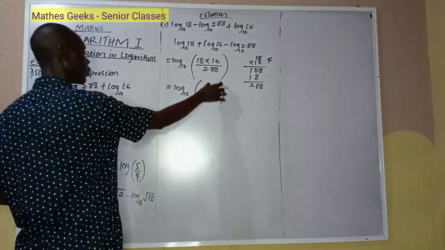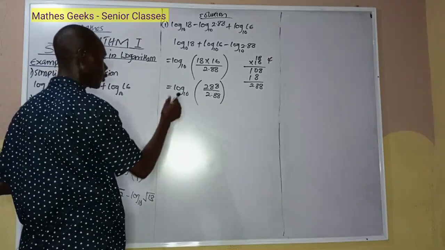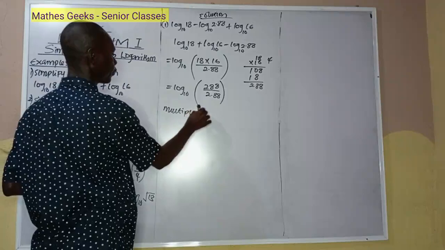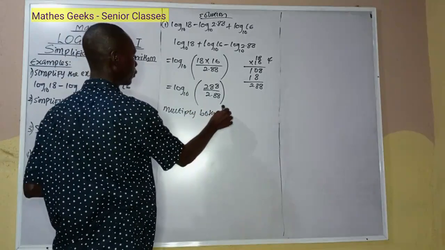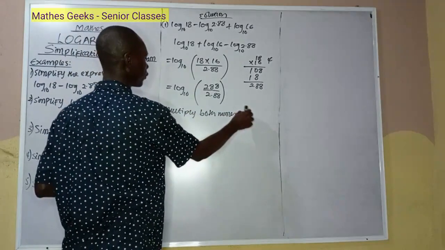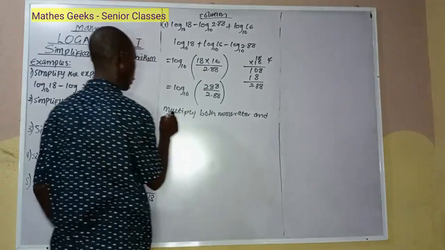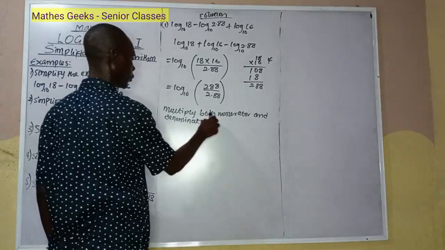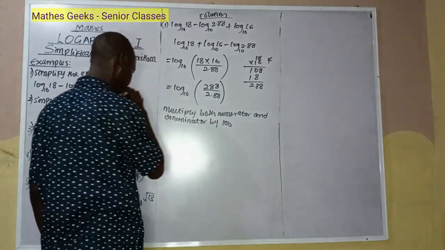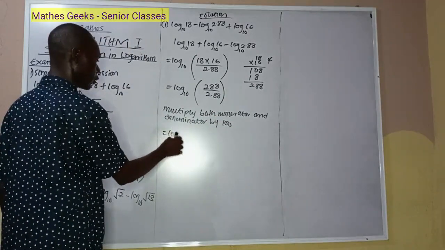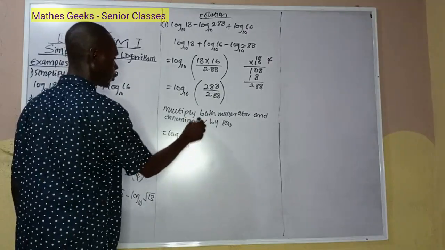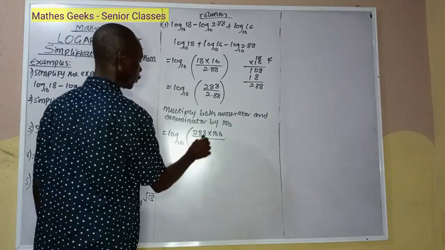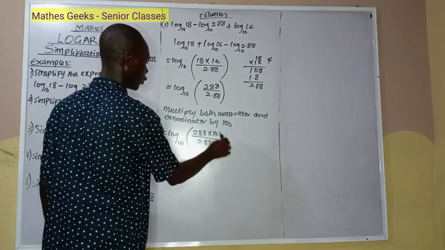So we multiply both numerator and denominator by 100. So this will give us log of 288 times 100 over 2.88 times 100.